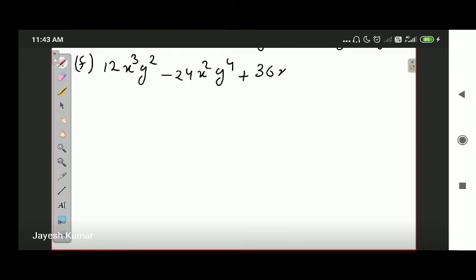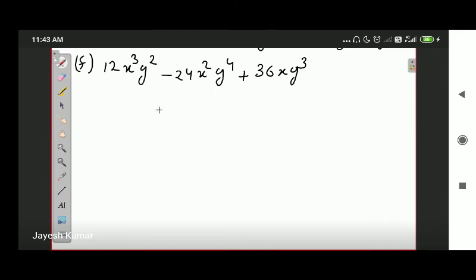Let's do the next part. F part is 12x cube y square minus 24x square y to the power 4 plus 36x y cube.